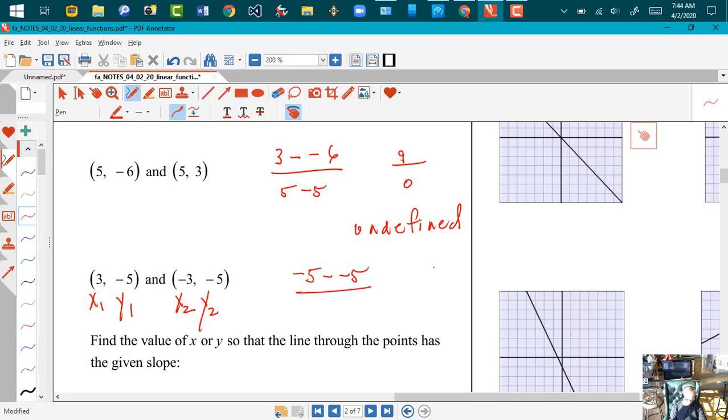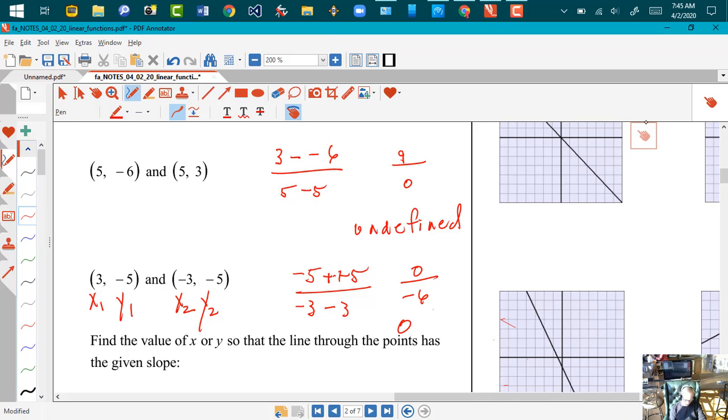That's going to give you negative 10. And then negative 3 minus 3 is going to give you, actually, I'm sorry, negative 5 minus a negative 5 is going to give you 0. 0 divided by negative 6 is 0.